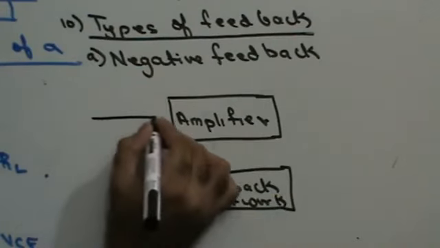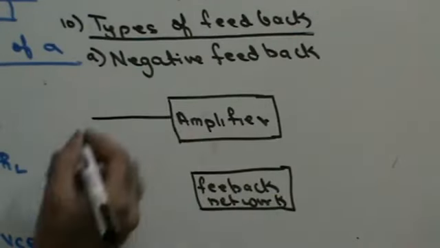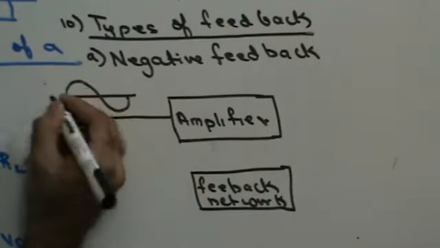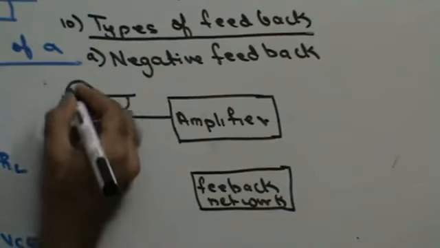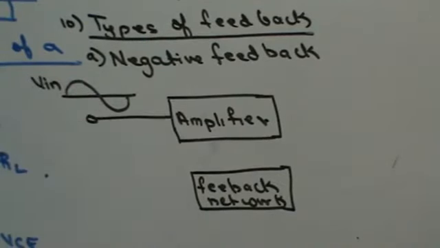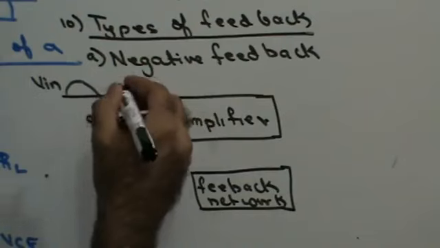The input signal is given to the amplifier. This is my input signal V in, that is given to the amplifier. Now the amplifier introduces a 180-degree phase shift. An amplifier will always introduce a 180-degree phase shift.